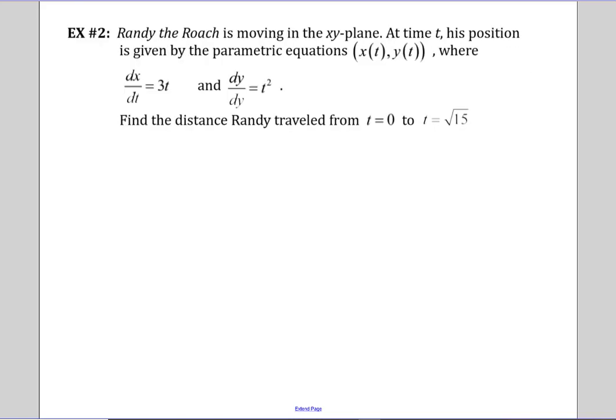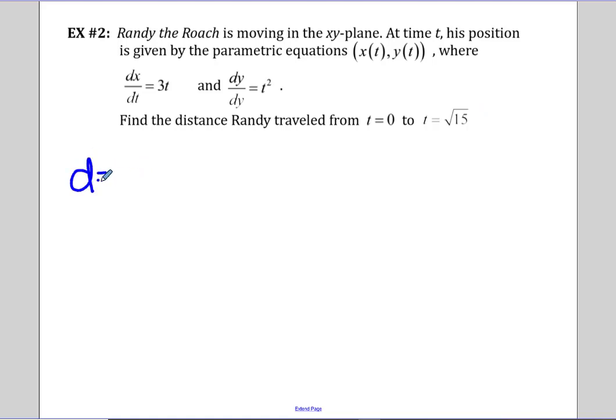If Randy the Roach is moving in the xy plane at time t, his position is given by the parametric equations where dx dt is 3t and dy dt is t squared. We want to find the distance that Randy traveled from 0 to square root of 15.